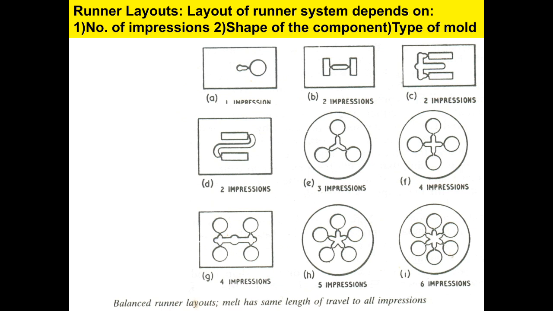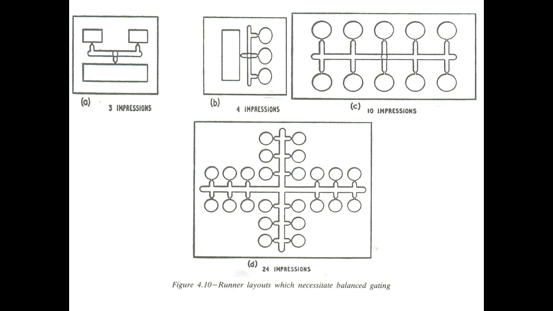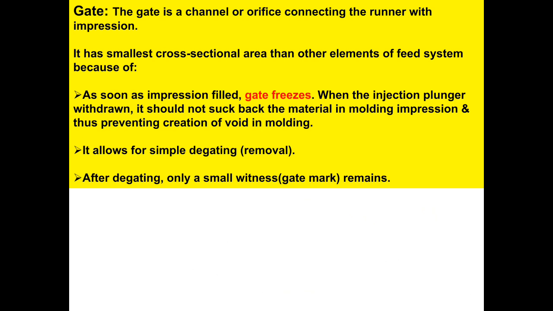The runner dimensions are also important. These are different arrangements in case of single impression mode and multi impression mode. Sometimes it is an 8 impression mode. Here it is a 24 impression mode arrangement.